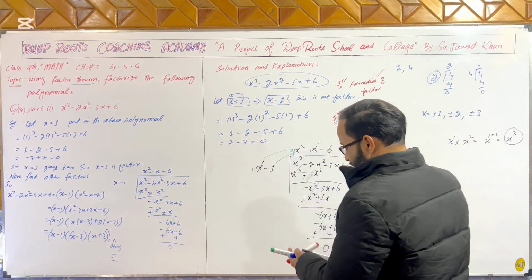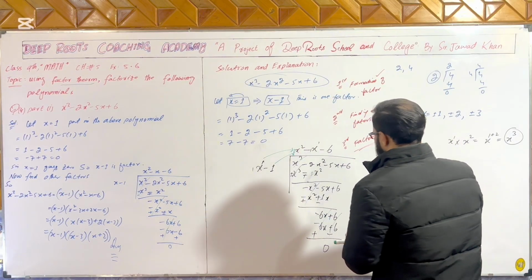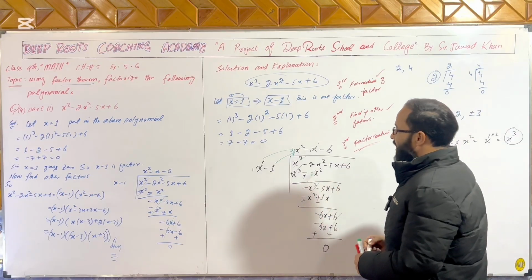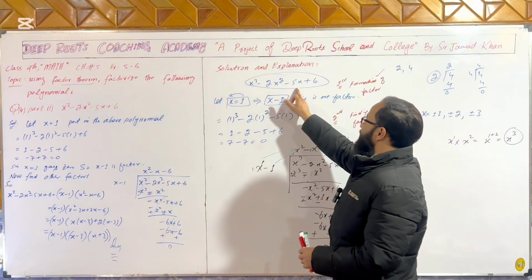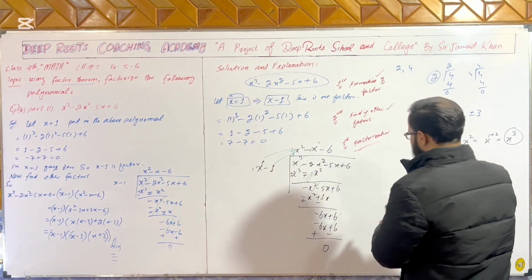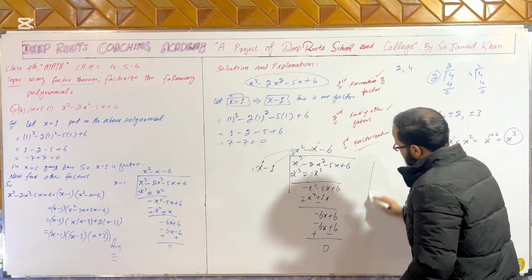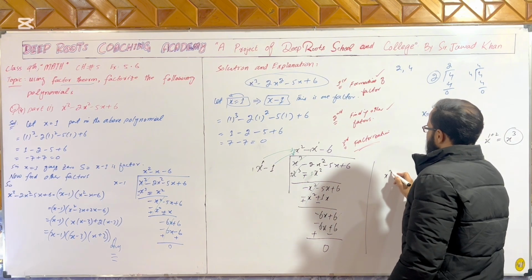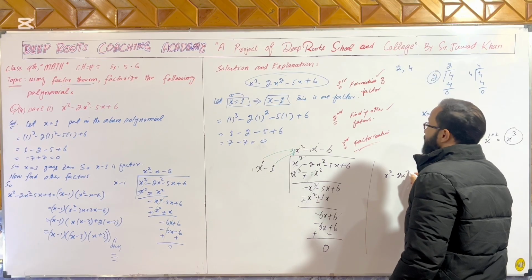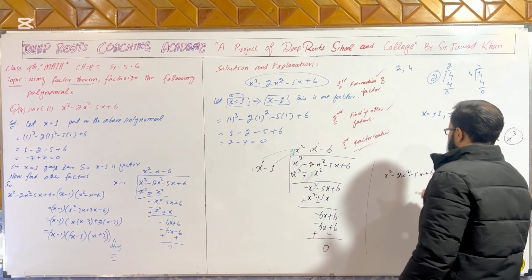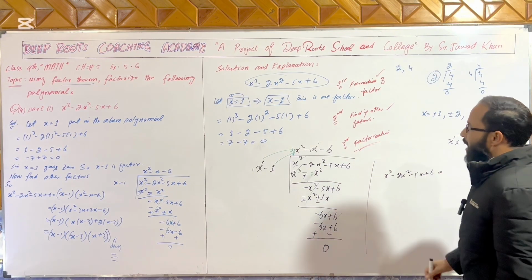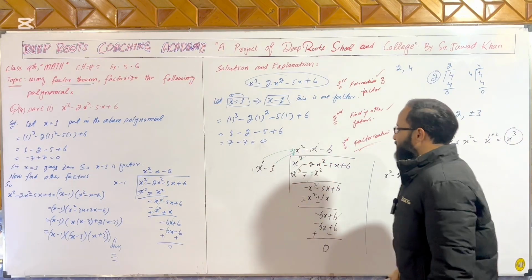So how will we be able to do the factorization? Just write the polynomial again. The polynomial is x cubed minus 2x square minus 5x plus 6 is equal to, and now write the factors.